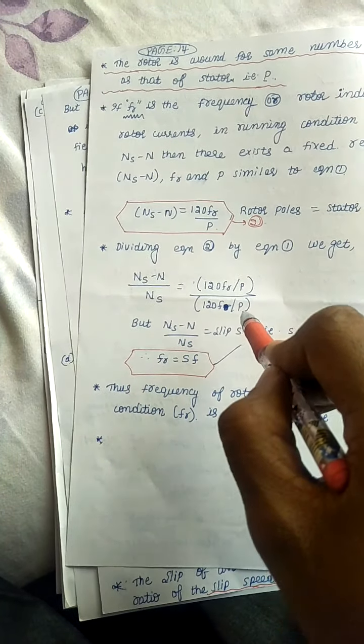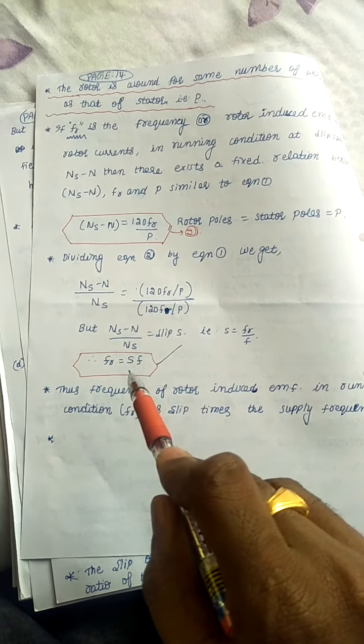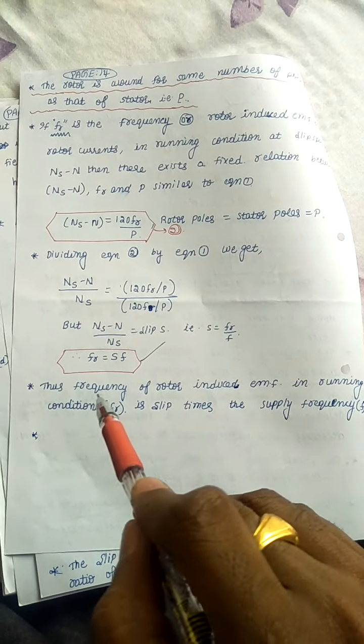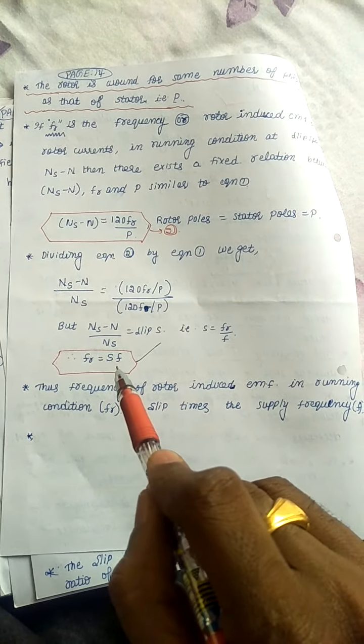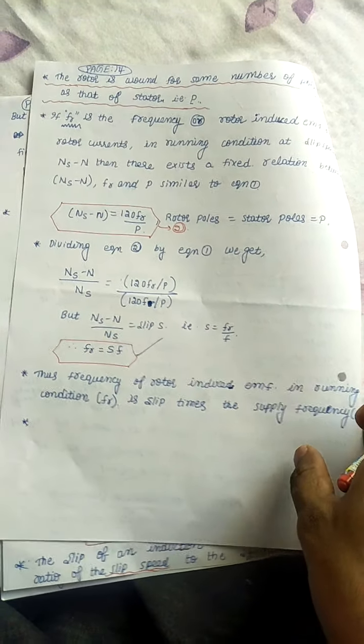After simplification you will get fr equal to s times f. That is nothing but the frequency of the rotor current is the slip times the supply frequency. fr is equal to sf.